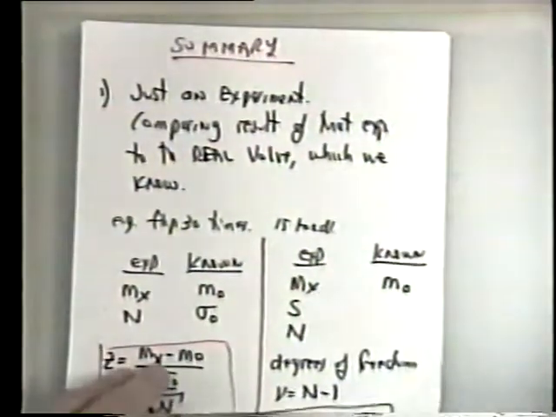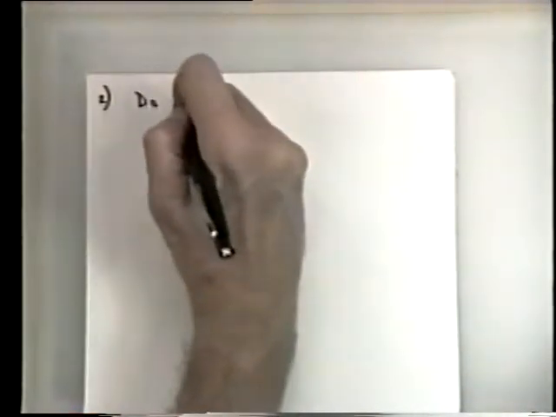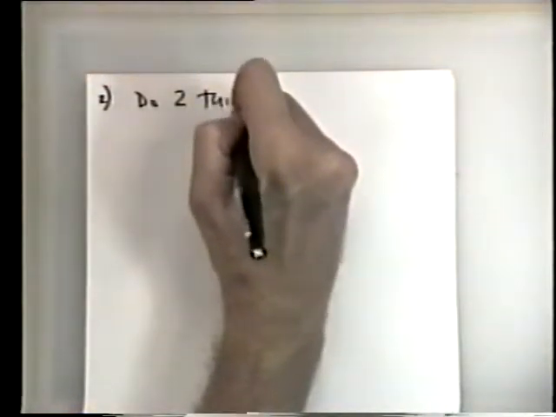The second case we discussed is where we run two experiments.